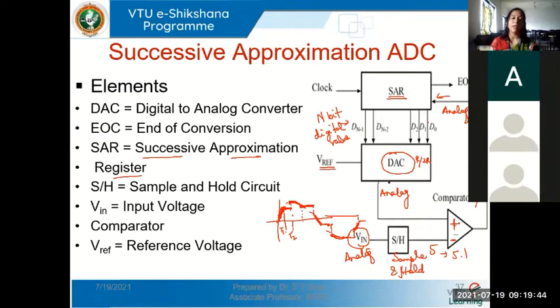So we are going to compare this DAC output to the actual input, and the output of the comparator will be either at plus VSAT or minus VSAT. We know the comparator output can only be at positive saturation or negative saturation. Please tell me, when will the output of a comparator be at positive saturation?